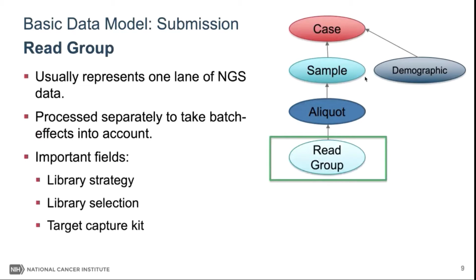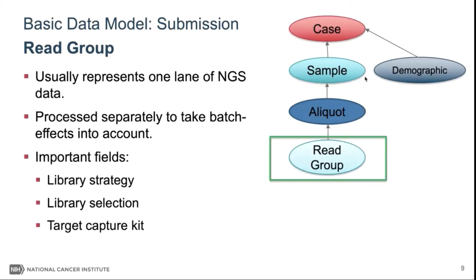Now onto the read group. This usually represents one lane of next generation sequencing data. It can also represent part of one lane. So for example, in the case of multiplexing, one of the multiplex barcodes would be one read group, but it never would refer to more than one lane of Illumina sequencing.